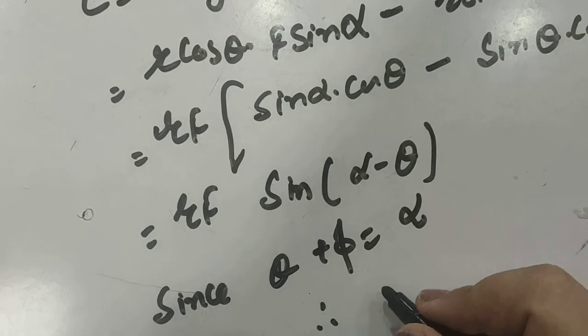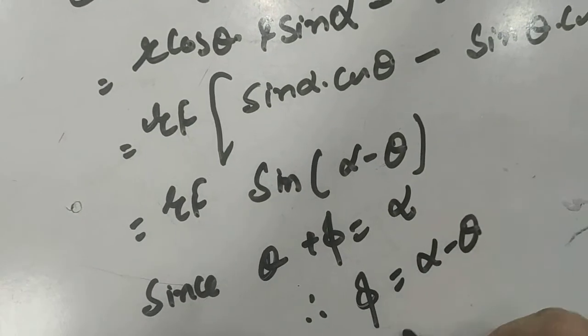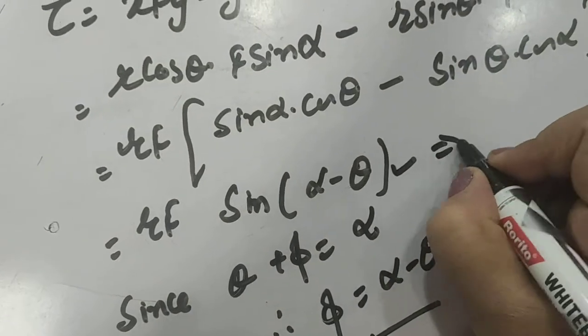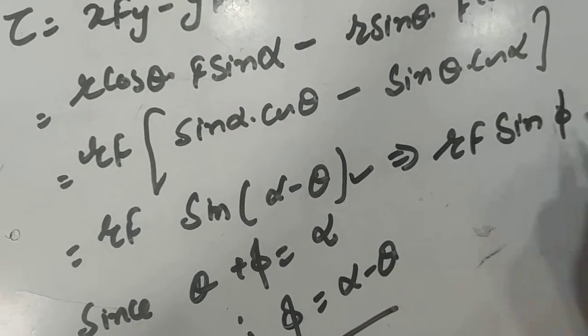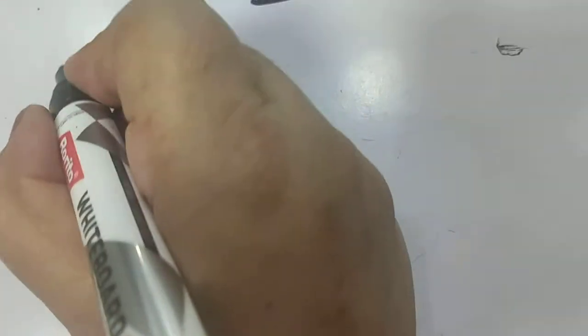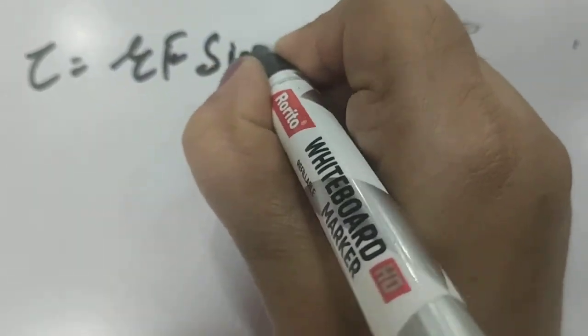Therefore phi is equal to alpha minus theta. Putting this expression here, we get rF sin phi. So torque is equal to rF sin phi.